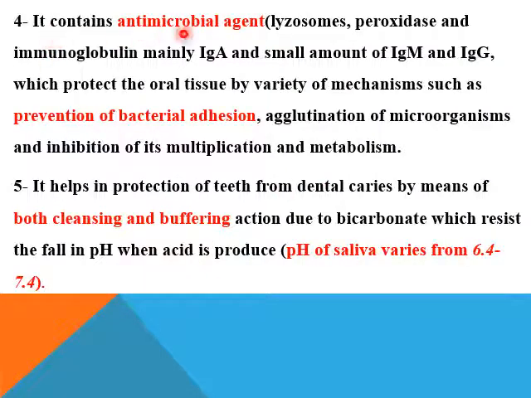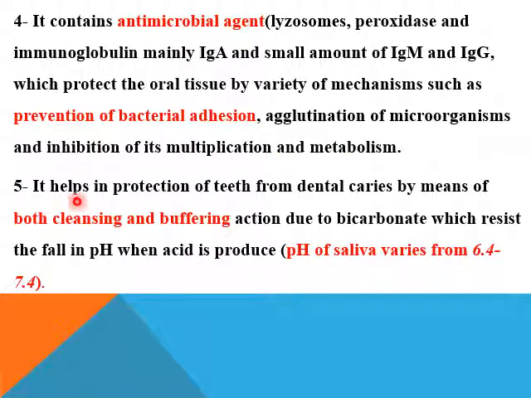It contains antimicrobial agents like lysozyme, peroxidase, and immunoglobulins, mainly IgA, and a small amount of IgM and IgG, which protect the oral tissue by various mechanisms such as the prevention of bacterial adhesion, agglutination of microorganisms, and inhibition of their multiplication and metabolism.